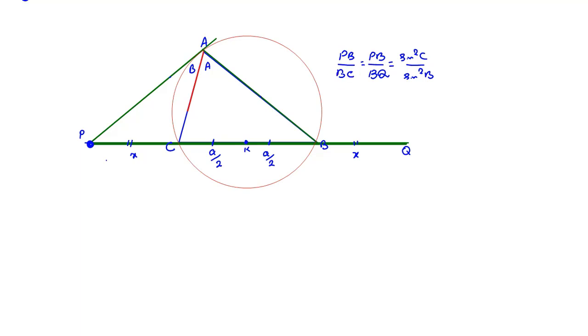Because we have this, we can also erase Q. PB over PC. Let's check again, PQ, PC, I meant. So let's erase this part. PC. Why is it equal to sine squared C over sine squared B? So here we don't need these midpoints. We can erase this part. We can erase this.